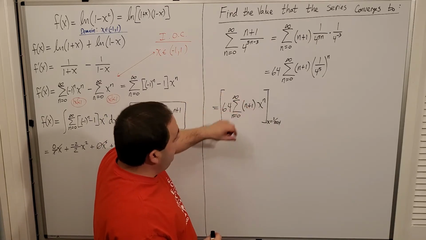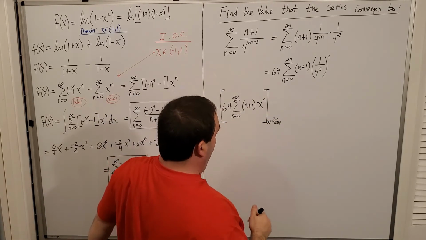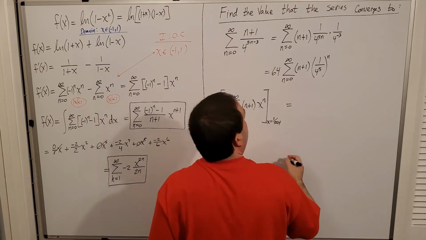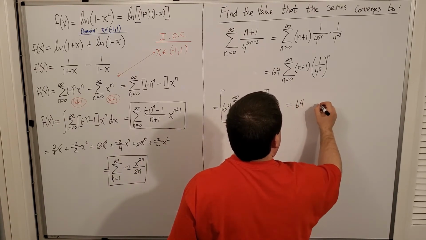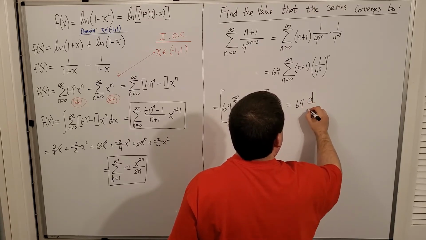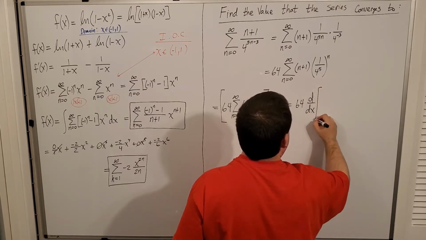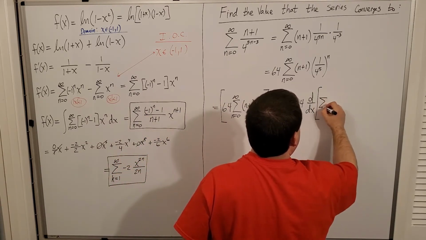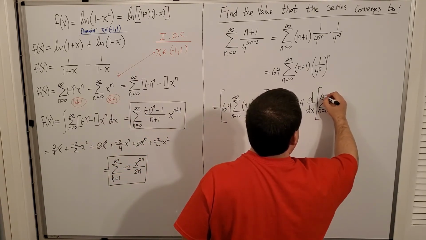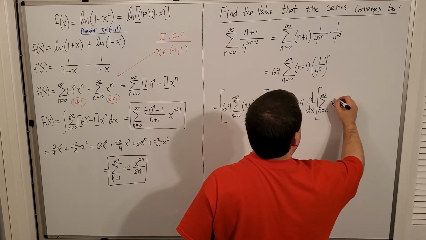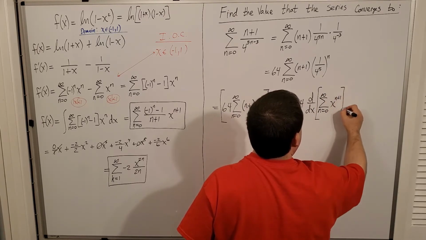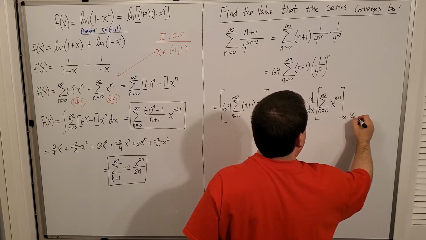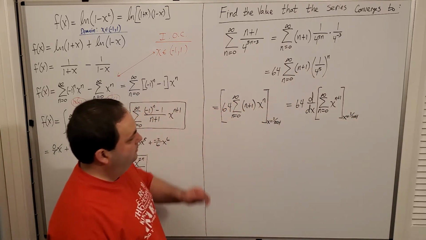This is actually equal to 64 times the derivative of, now what is this the derivative of? The sum from n equals 0 to infinity of x to the n plus 1, evaluated when x is 1 over 1024.